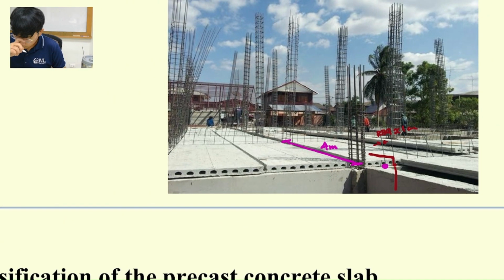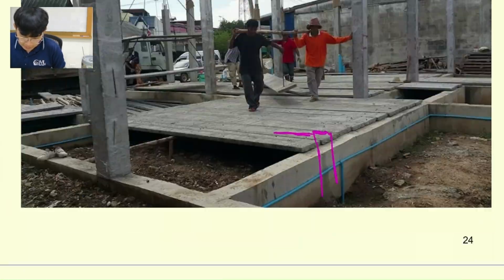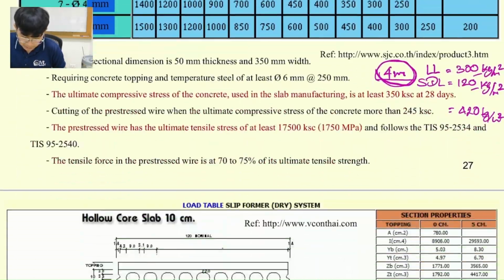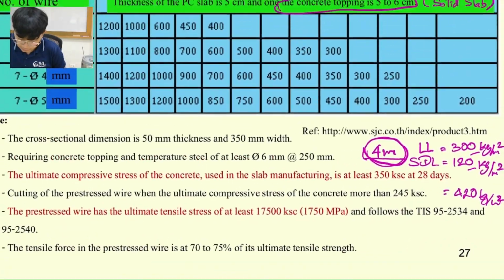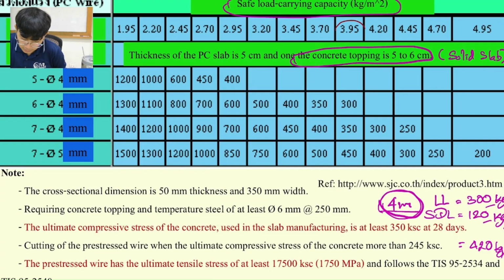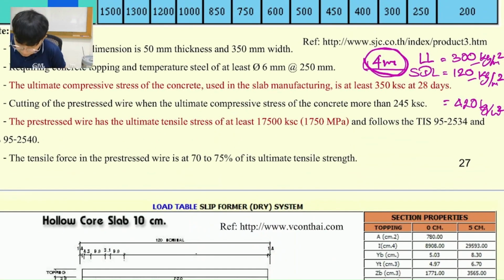Okay, and then it seems like if my beam span is 4 meters, I need to choose the one with the span of 3.95. Which means my precast is going to be 3.95, and then I'm going to put the reinforcement steel to lock, as we have discussed, over here, to lock the position like this.